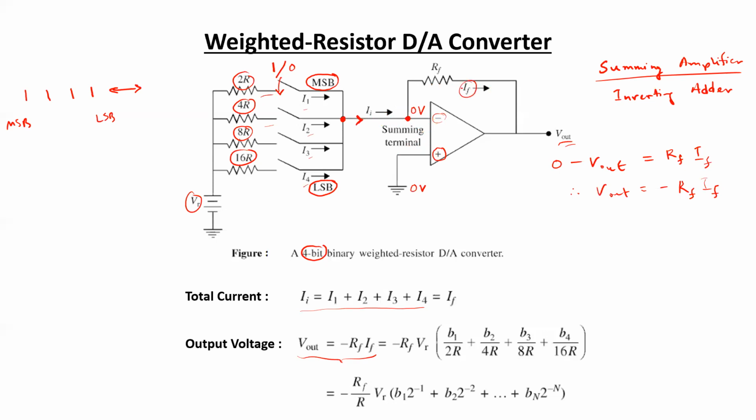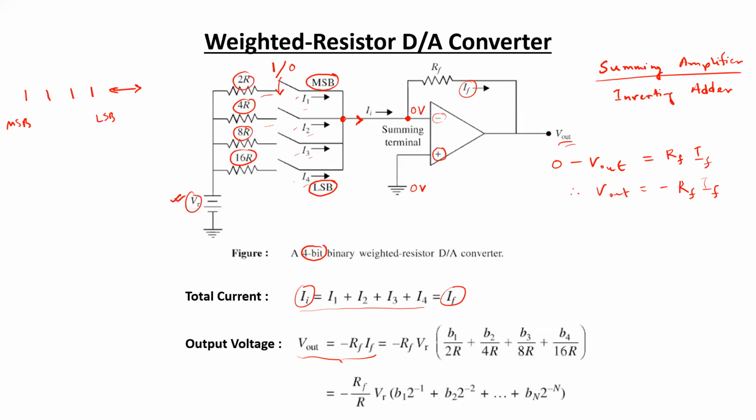So this feedback current is going to be equal to I, and it is equal to the summation of the currents flowing through all these 4 branches. Now these currents I1, I2, I3, I4, we can easily represent with respect to the reference voltage VR.